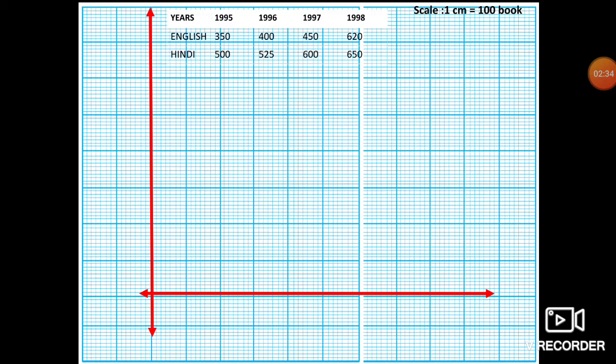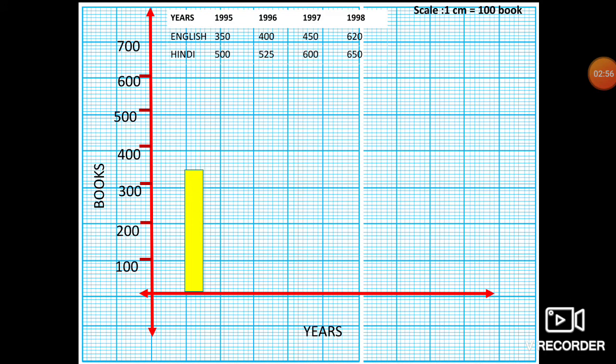Our graph book is small, so we have to select big numbers. 1 centimeter equal to 100 books. You mark 100, 200, 300, 400, up to 700. Then on the vertical line books are marked, on the horizontal line years are marked.